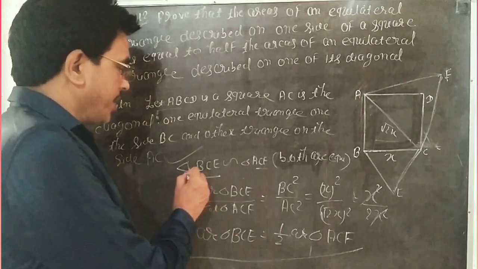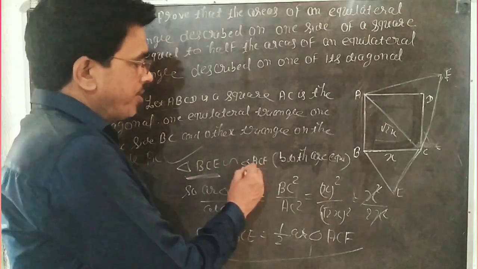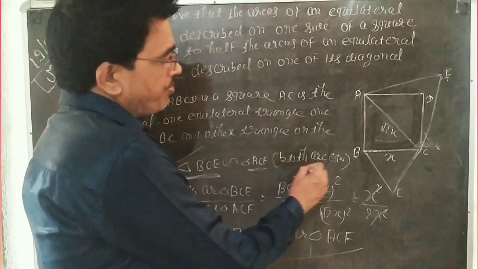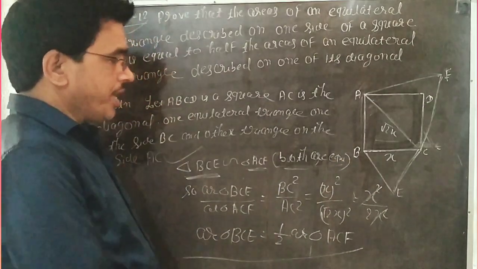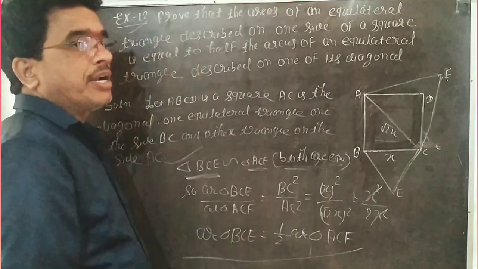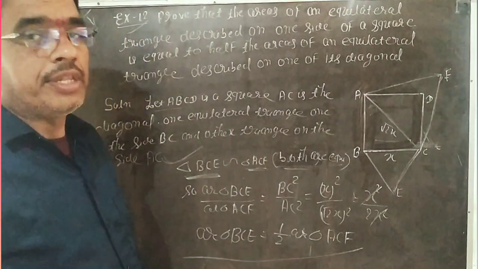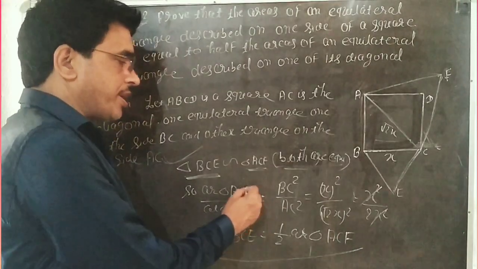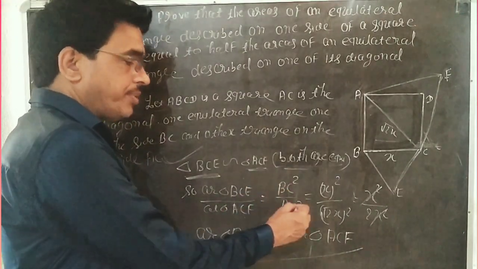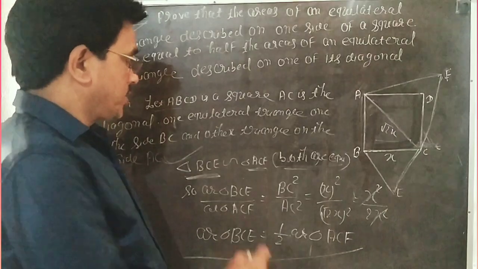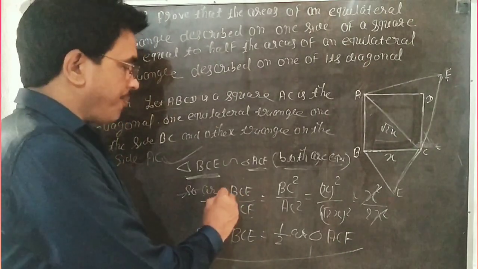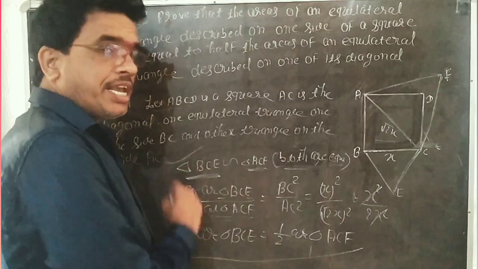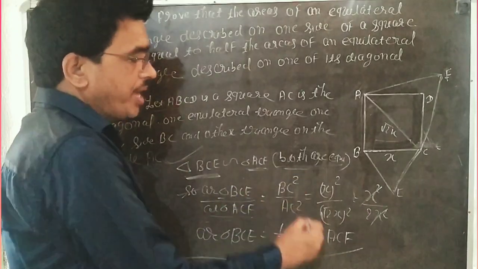So write here triangle BCE similar to triangle ACF. That means both are equiangular, both are equilateral, so it is similar. If it is similar, then by the areas theorem, the ratio of the areas of two similar triangles is equal to the square of their corresponding sides. So area of BCE by area of ACF is equal to BC square by AC square.